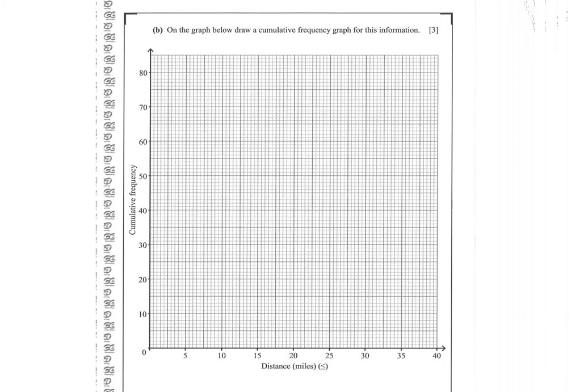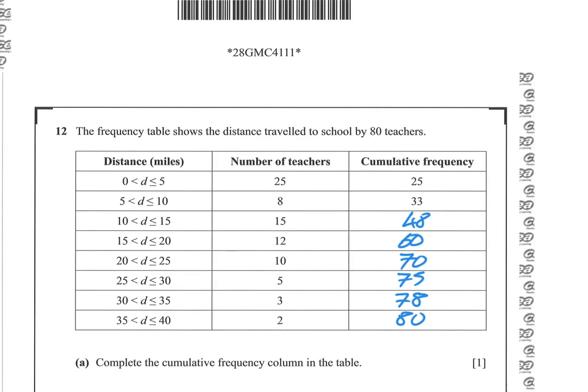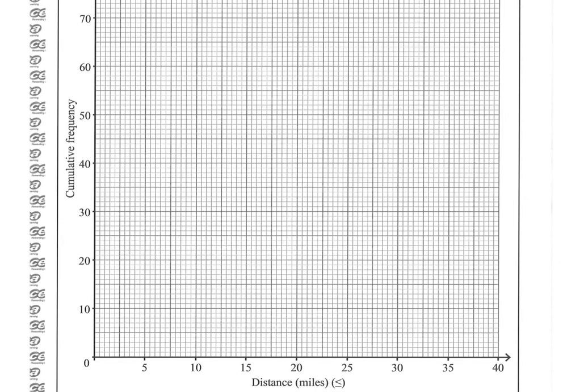So the first one, if you look back here, said for a distance from 0 is less than d is less than or equal to 5, the cumulative frequency is 25. So basically all 25 people here have gone a distance of less than 5. So for your first point, you go to your 5, here's your 5, and you go up to 25, and that's the first point that you mark on.